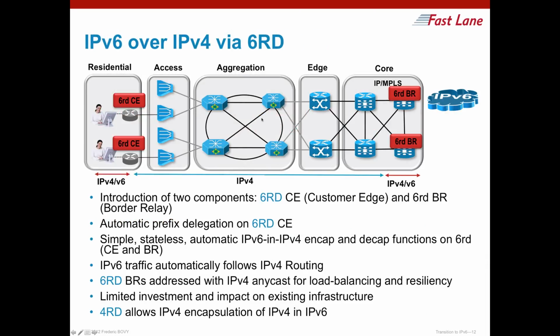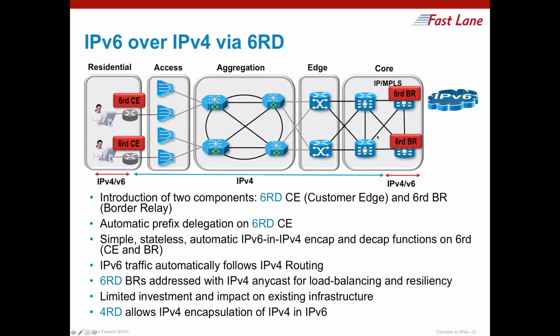So you see that we need a CPE, which is a 6RD CPE, and a 6RD border relay to connect to the internet.